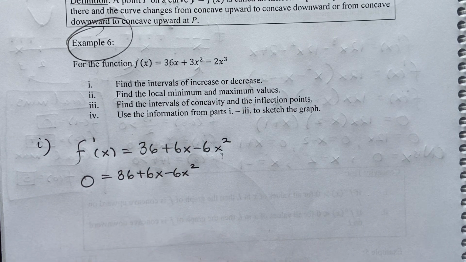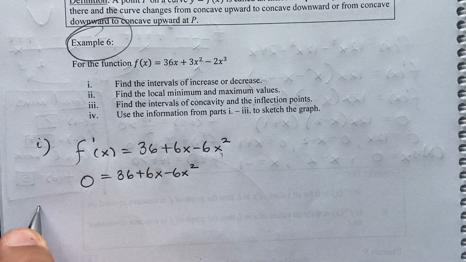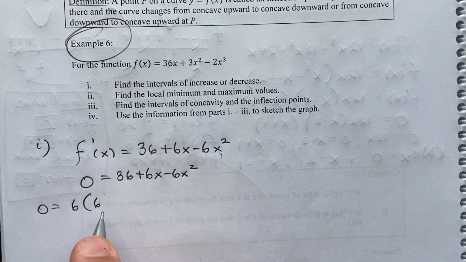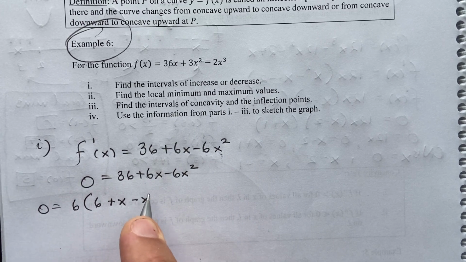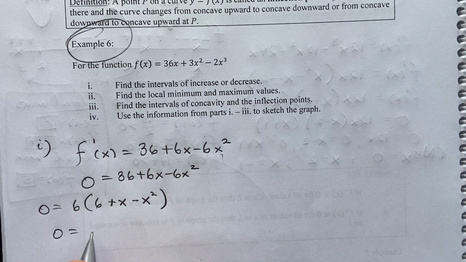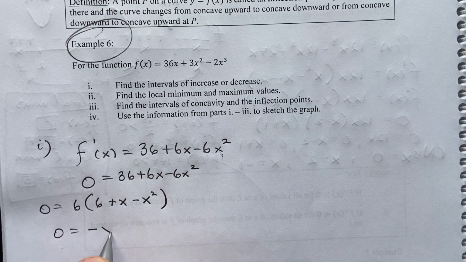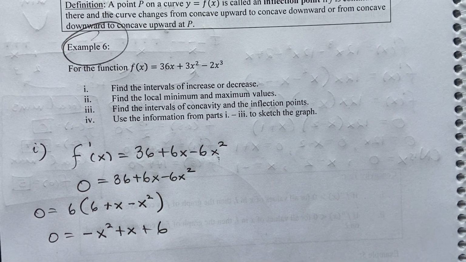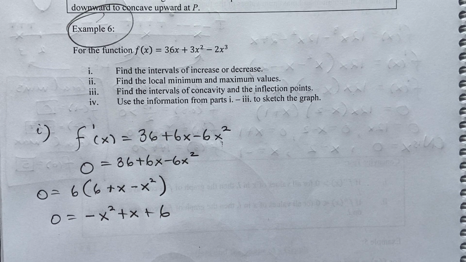Right, so it looks like we have a factorization that we can do. So 0 equals 6 factored out front, leaving behind a 6 plus x minus x squared. You can divide out the 6. So you can just say 0 equals, and then I'll maybe rearrange, negative x squared plus x plus 6. You can divide out a negative even if you want.